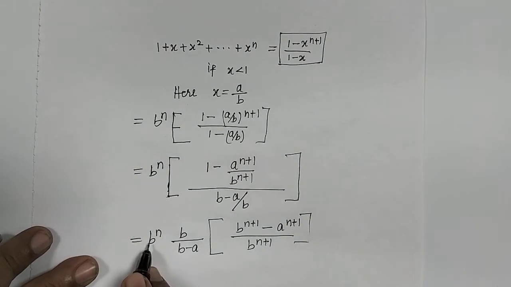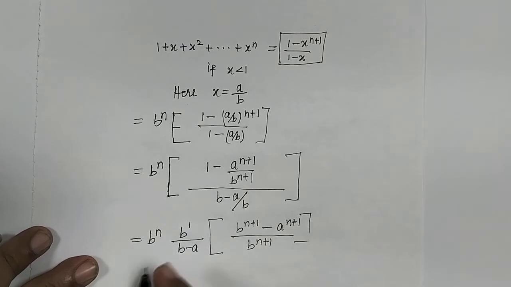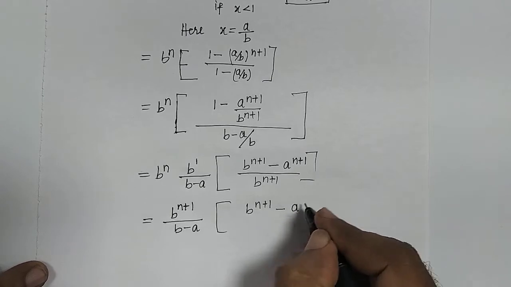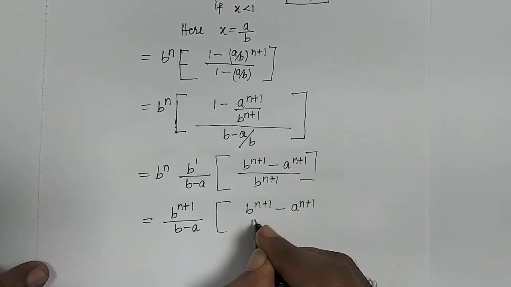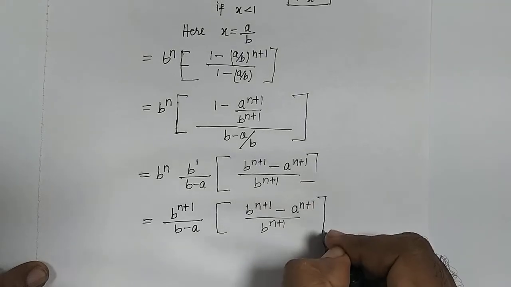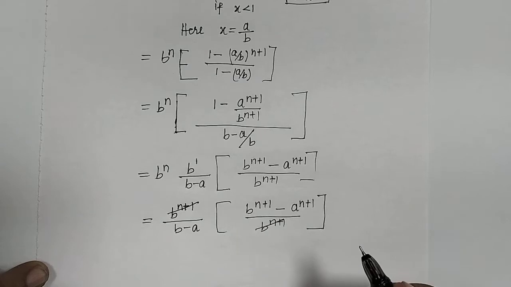So here b power n and b power 1 both we can multiply, powers we can add, b power n plus 1 divided by b minus a. So here b power n plus 1 minus a power n plus 1 divided by b power n plus 1. Now I am going to cancel this b power n plus 1.